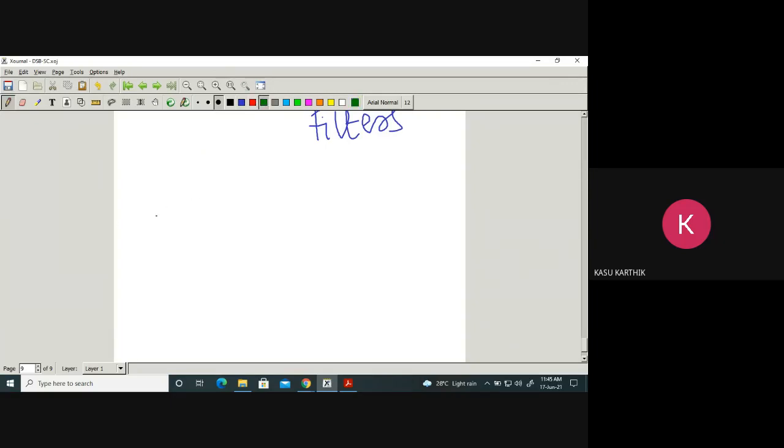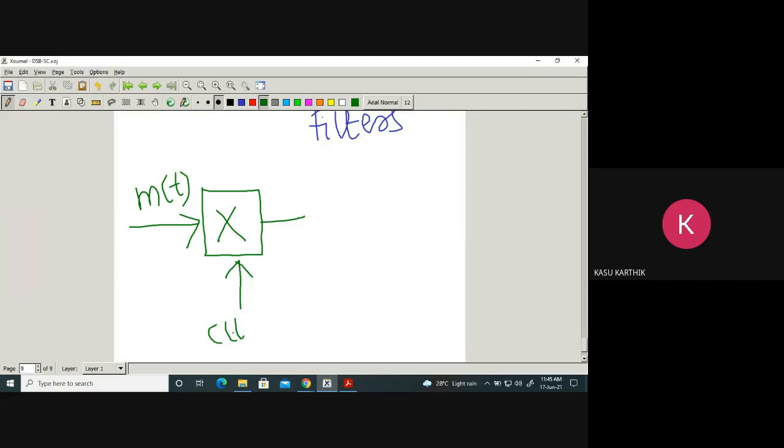So we have a modulator, a product modulator. We are modulating by just multiplying m of t with c of t, and we are getting the modulated signal. Let us take x of t.